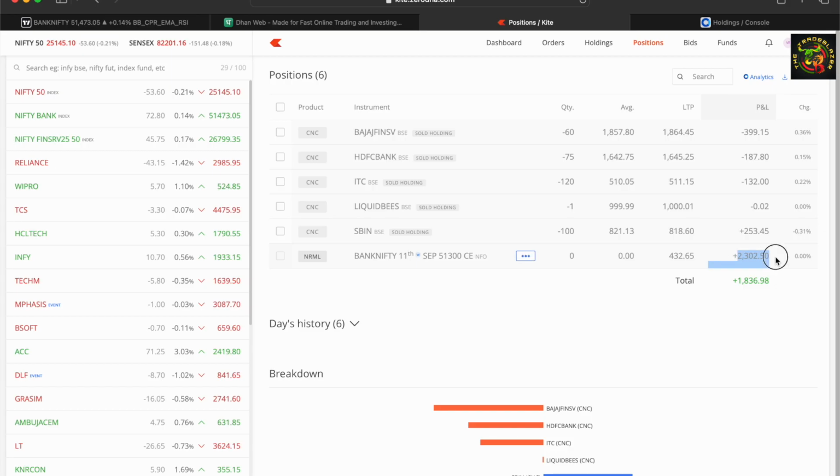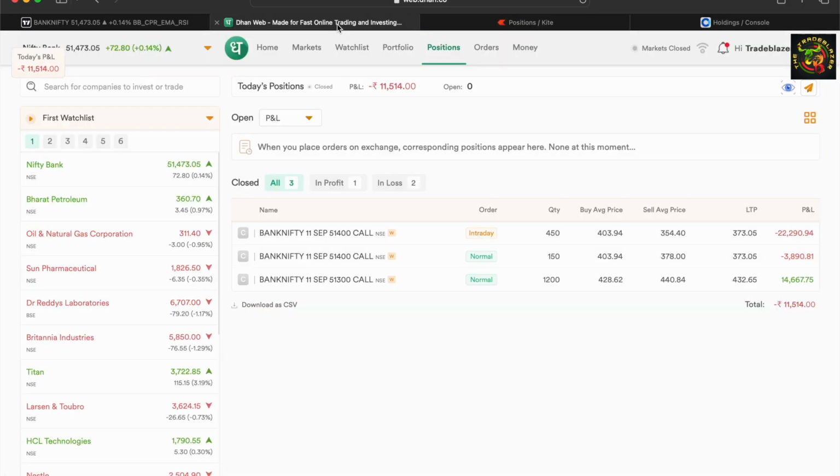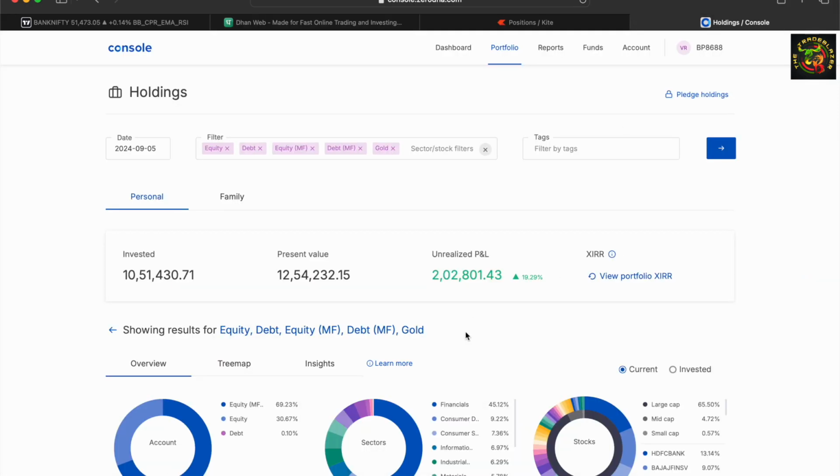This is the profit we made in Bank Nifty. And then I made a loss of around 11,000. So overall, it's a 9,000 loss in today's intraday Bank Nifty options trading, and I made a profit of around 2 lakhs in swing trades.